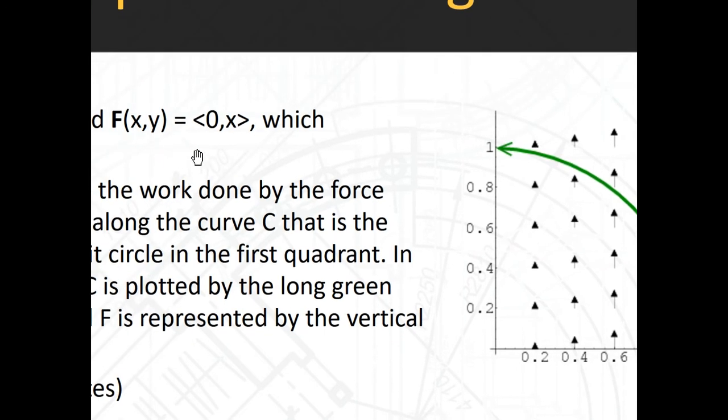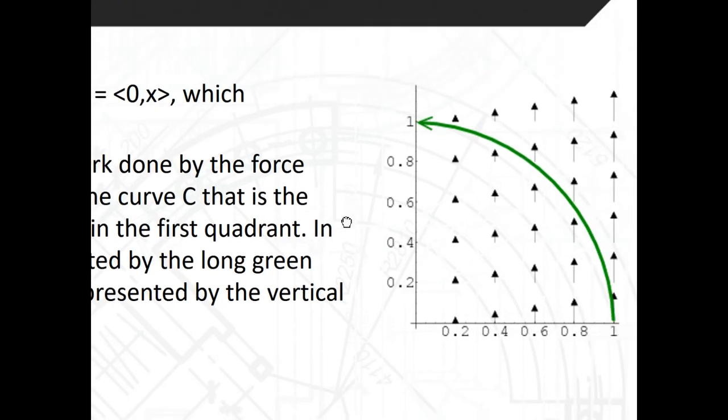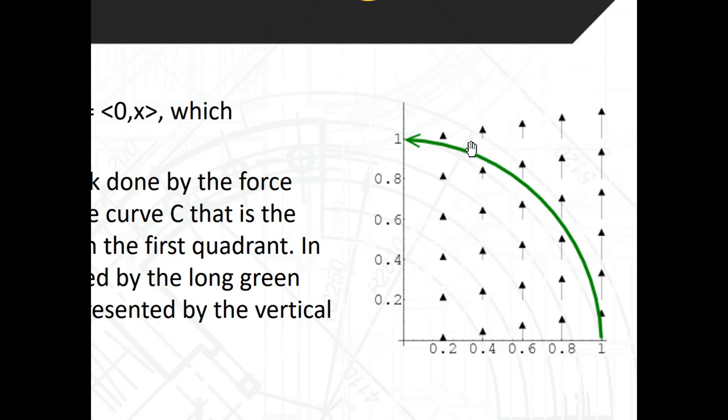F of x comma y is equal to 0 comma x. So that means the magnitude of the vectors along this axis basically equals 0. There's no force. There's no vector field there. It's a 0 vector field. So of course the integral of that vector field along this line is going to end up being 0.